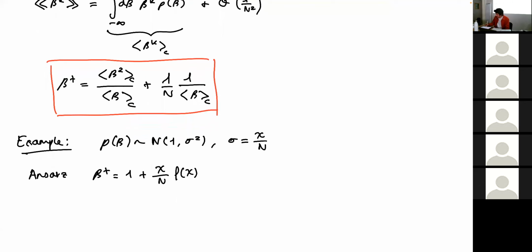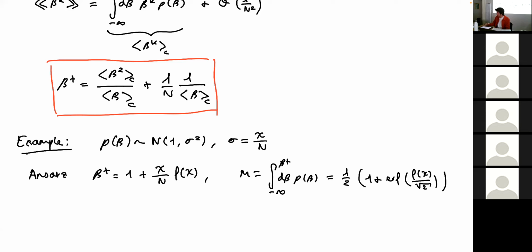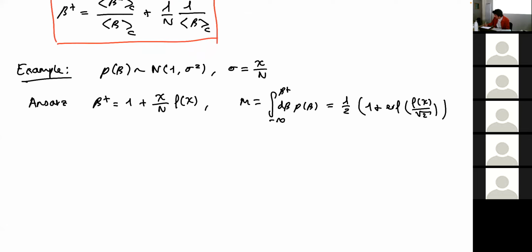If you do this, then m, given that it's the integral all the way up to the threshold beta plus of rho of beta, you can rewrite as, for example, 1 plus an error function, and you can just replace f of chi. Very similarly, using just integration by parts, you can rewrite all these cutoff moments as functions of the usual functions related to the Gaussian distribution.